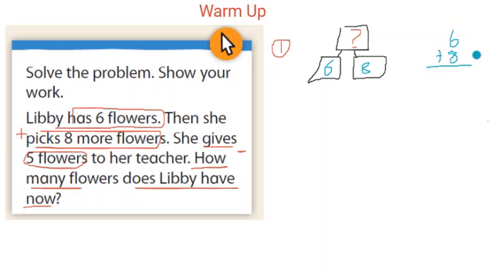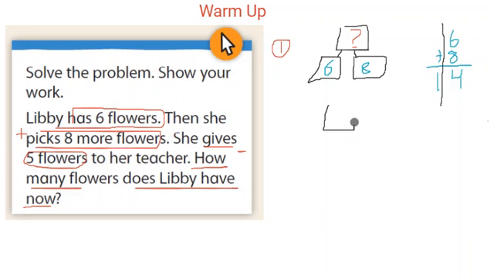So 6 and 6 make 12, plus 2 is 14. Again, 14. I want to show you another thing too, is I'm separating my 1's place value from my 10's place value. See how nice and neat that is? So she has 14. She had 8 plus 6.